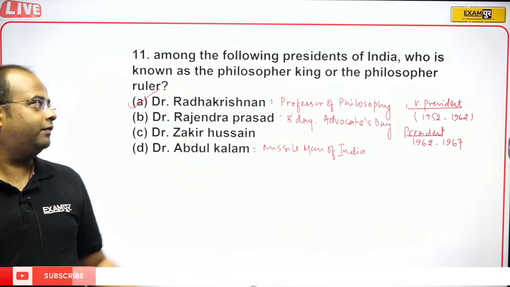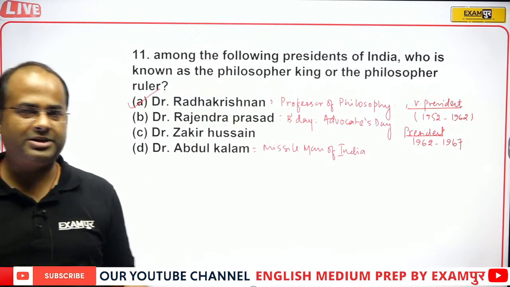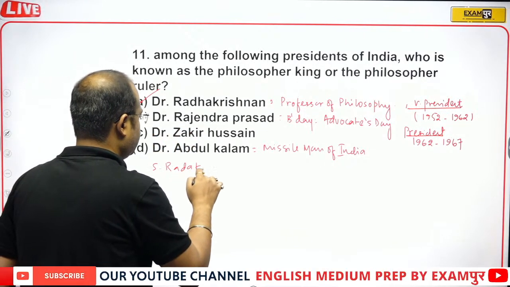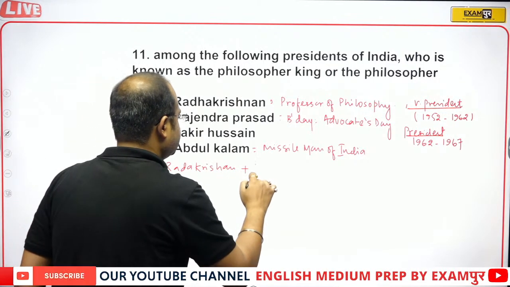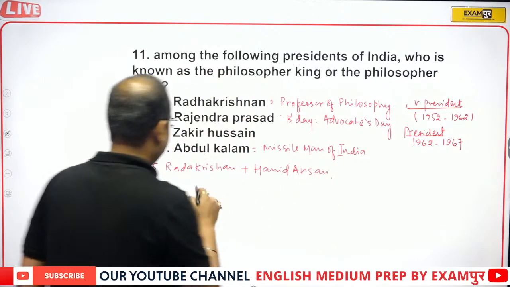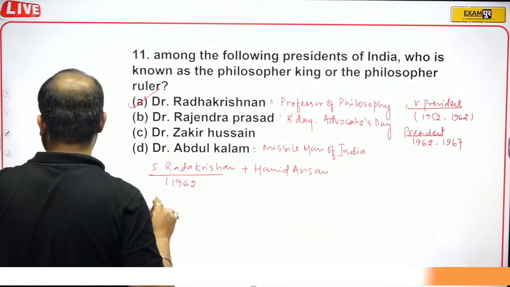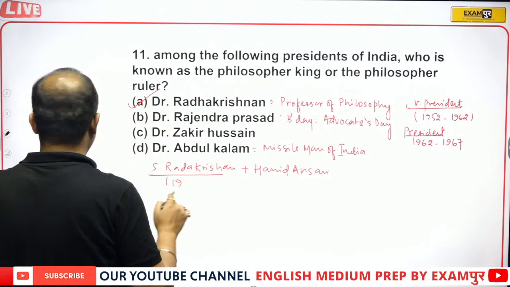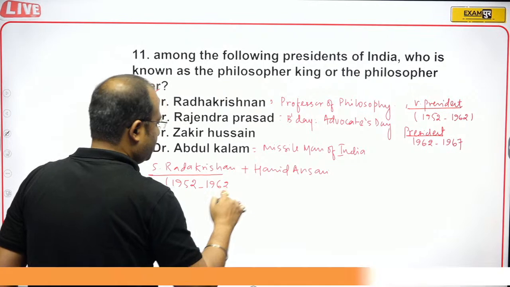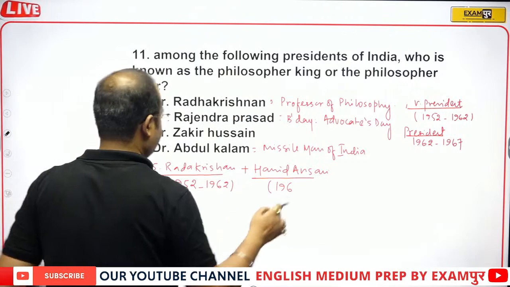He was also called philosopher president because he was a professor of philosophy. Dr. S. Radhakrishnan and Hamid Ansari are the two persons who served as vice president and then president. Radhakrishnan was vice president from 1952 to 1962, and Hamid Ansari from 2007 to 2017.